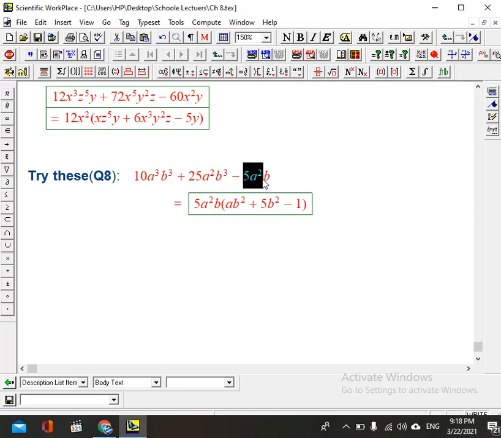And finally, 5a squared b over the same term 5a squared b, we divide them and get 1. Anything divided by itself is 1. This is the factorization of this polynomial. I hope the lesson is clear.